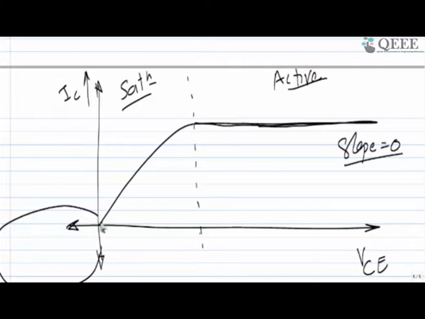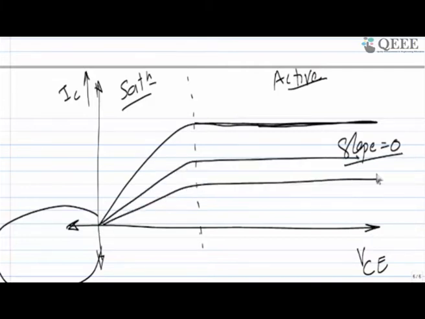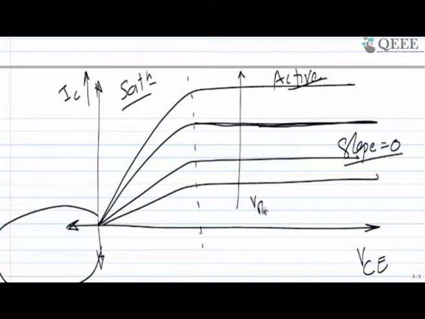So if you look at the curves for different VBE, this side VBE is increasing all the way. This is one way of looking at the transistor, but this is not going to happen. The actual thing which is going to happen looks like this one.